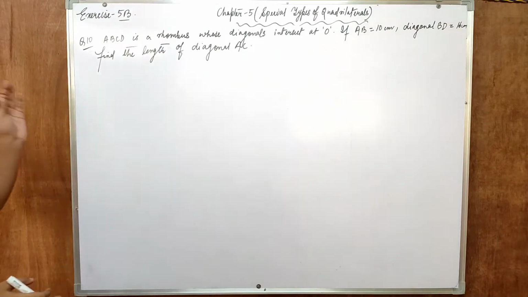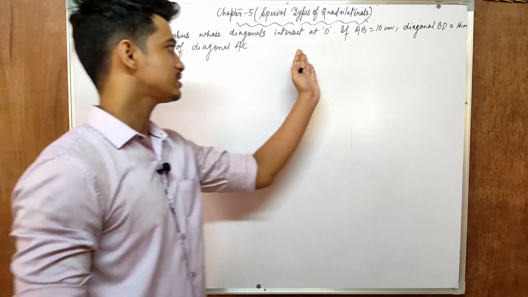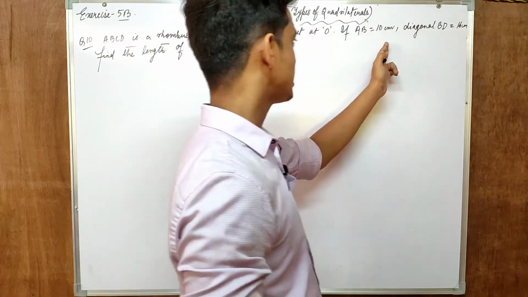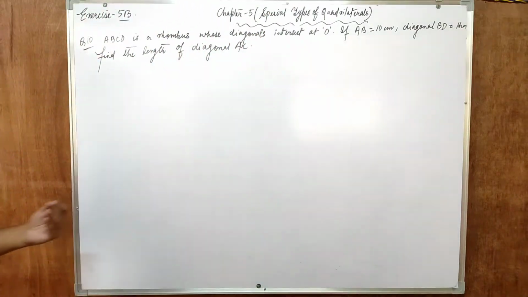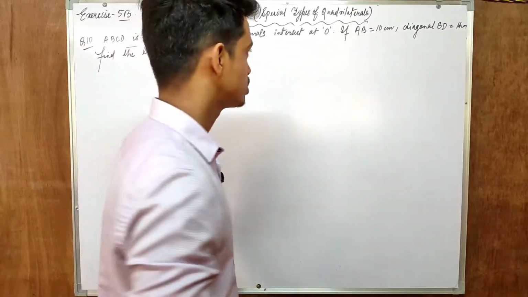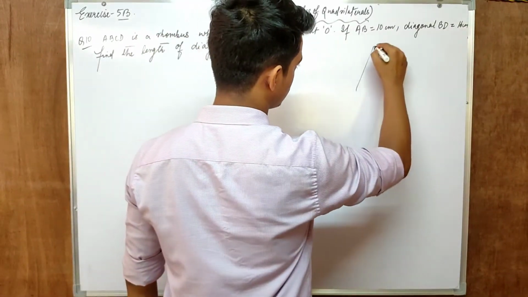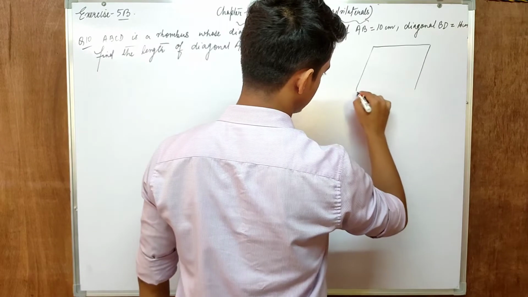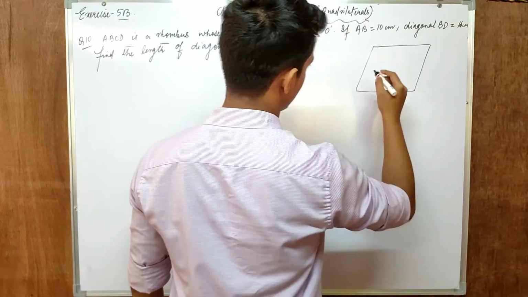What is question number 10? ABCD is a rhombus whose diagonals intersect at O. If AB equal to 10 centimeter, diagonal BD equal to 16 centimeter, find the length of the diagonal AC. That is the question. So let's first draw a rhombus. That is the shape of a rhombus.